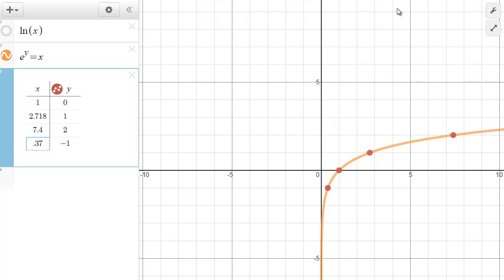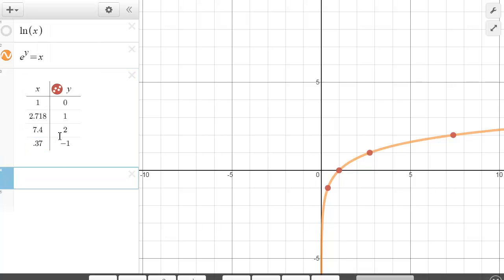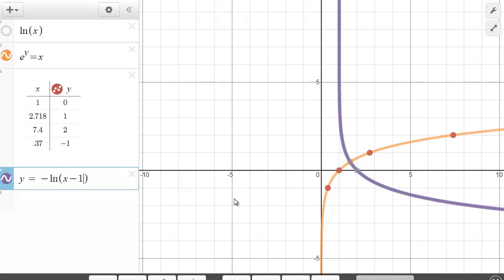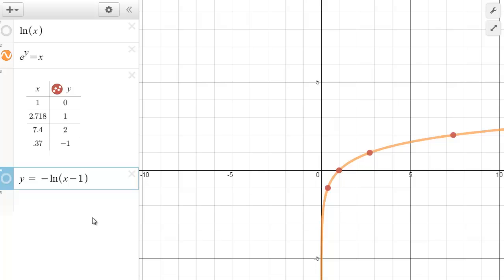All right, so what would the function y equals a negative natural log of x minus 1 look like? Well, let's work it out. Let's add a new table here.